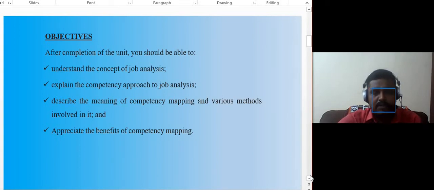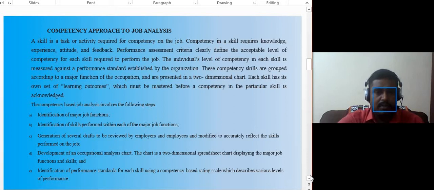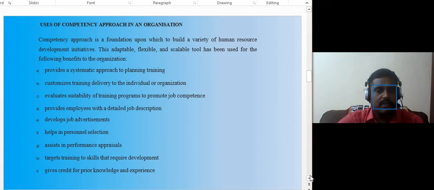So some of the objectives are there. This is called the introduction part of job analysis. The competency approach to job analysis has the following ways, and the uses of the competency approach in an organization.